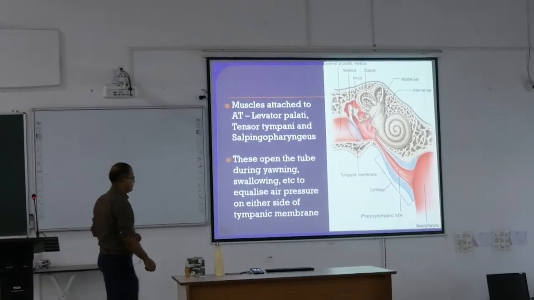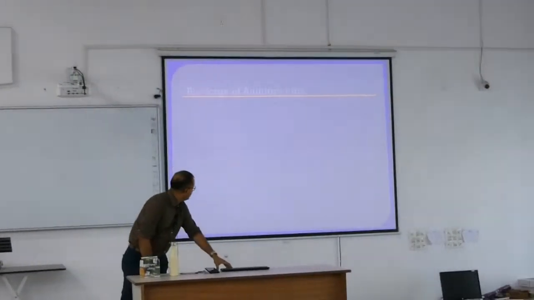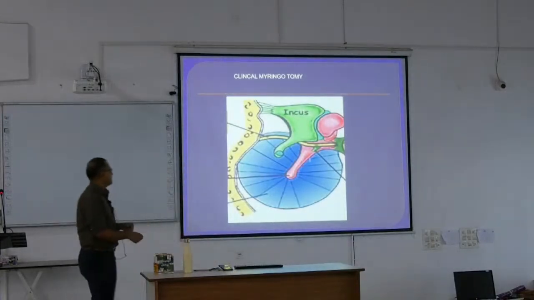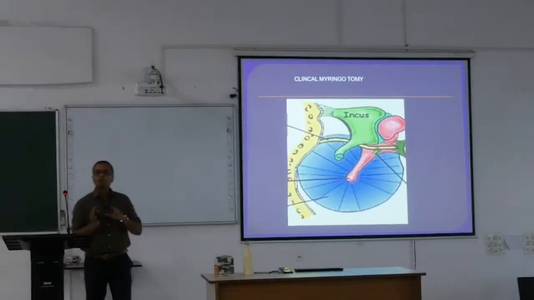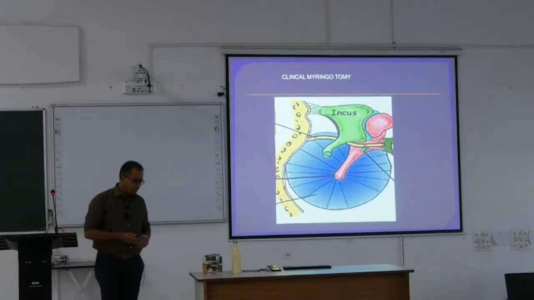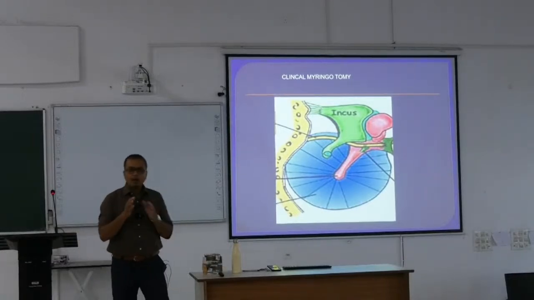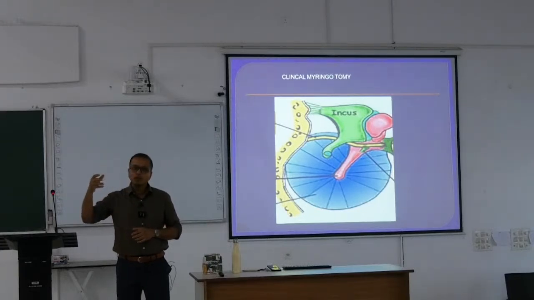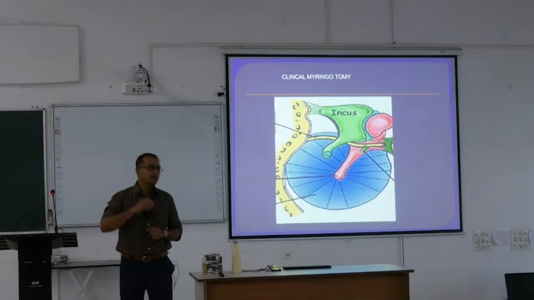Now, if you have an abscess and the blocking has created this, the tympanic membrane will be bulged out. So, bulging of the tympanic membrane happens when, and retractions of the tympanic membrane happen when, and what are the diseases underlying it, you have to figure out by looking at the tympanic membrane.